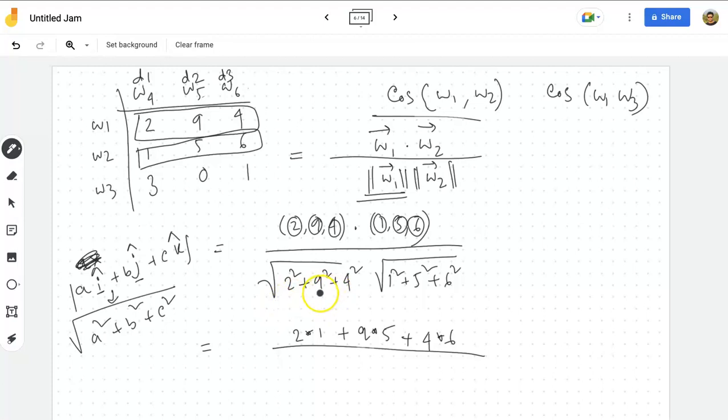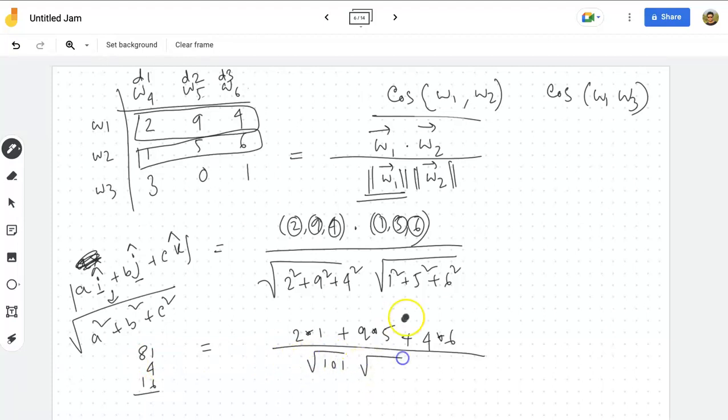So what is the value? It is 81 plus 4 plus 16, so 101. So it will be root over 101.